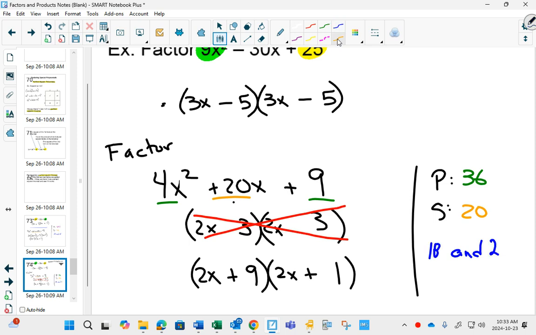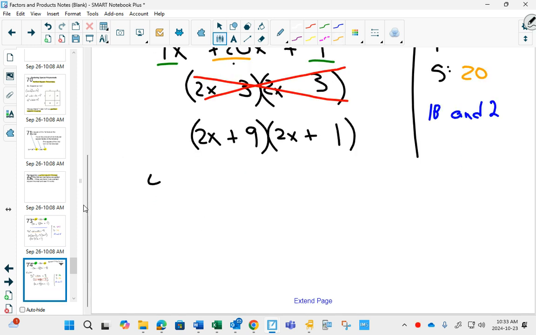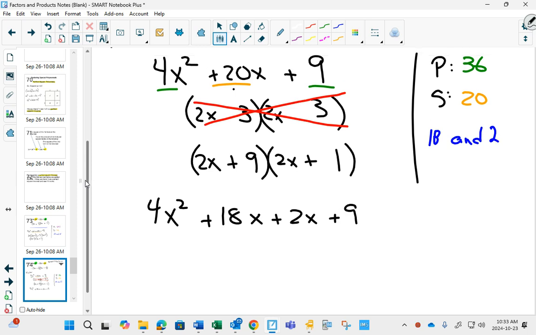So then, if we did the grouping method, you would rewrite 4x squared, and instead of the 20x, you would write 18x plus 2x, and you still have plus 9. Right? So what I've done is this orange part, which was the 20x, I took my two special numbers that worked and rewrote them. And this is a good one to review because in the 4 and the 18, I can pull out a 2.